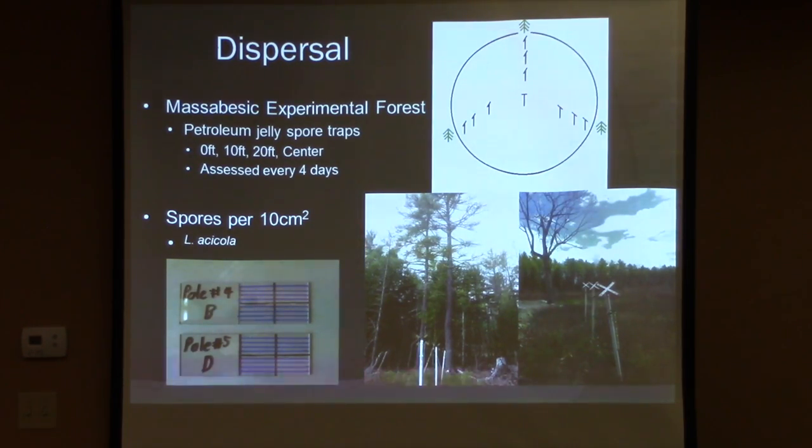The second pole is 10 feet, and the third pole is 20 feet. We also placed a pole in the center just to see how far these spores can actually spread based on rain. These slides were assessed every 4 days, along with rainfall. Temperature and humidity were also gathered from this site.